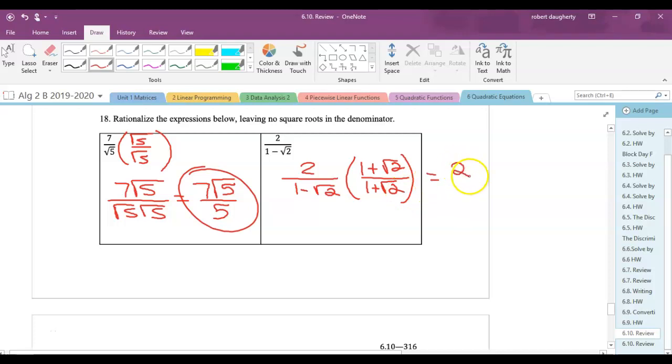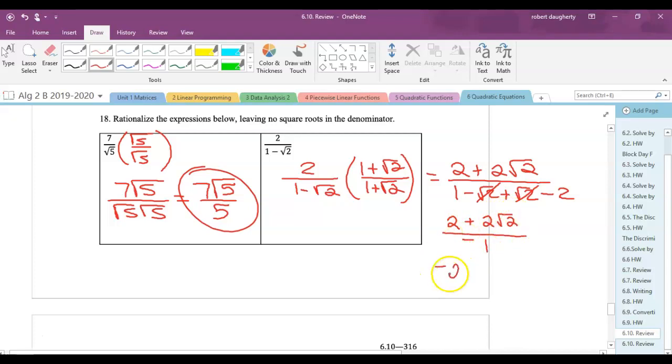So this becomes 2 plus 2 square root of 2 over, when I multiply the bottoms, I get 1 minus the square root of 2 plus the square root of 2 minus the square root of 2 times the square root of 2, which is 2. This cancels. So I get 2 plus 2 root 2 over -1.